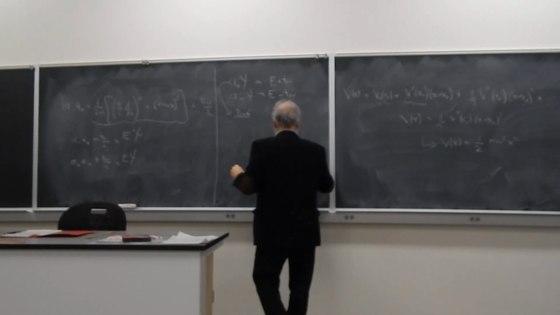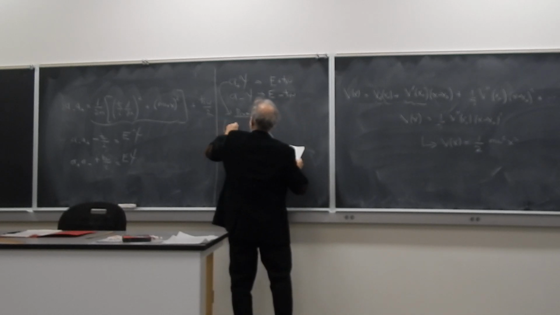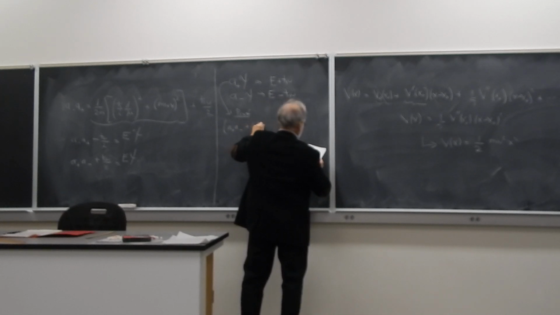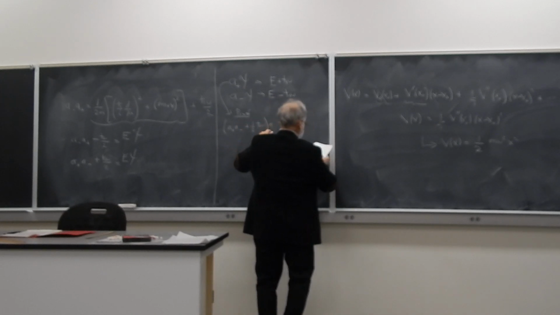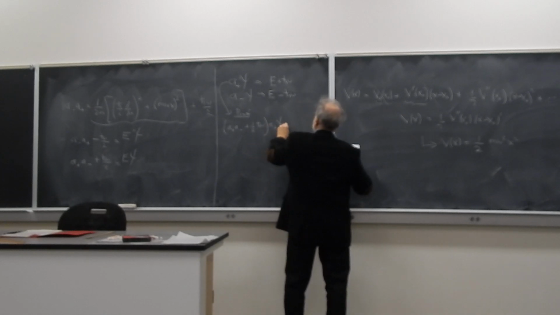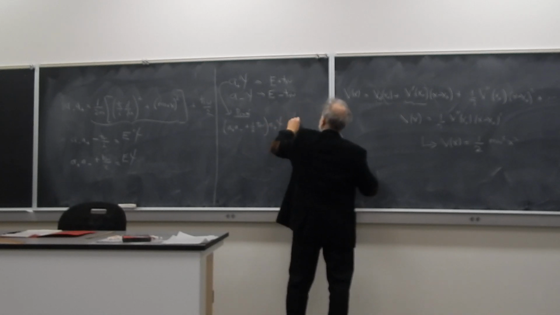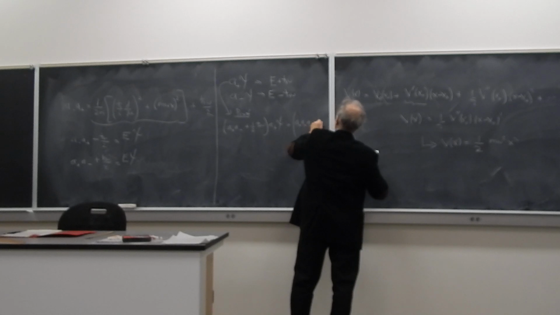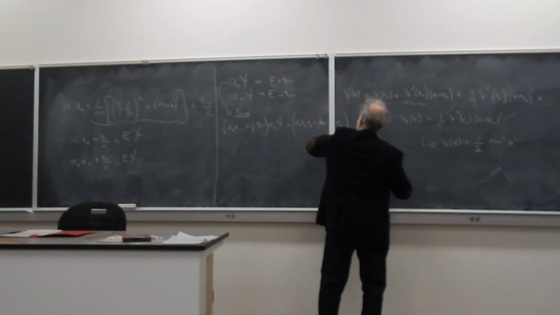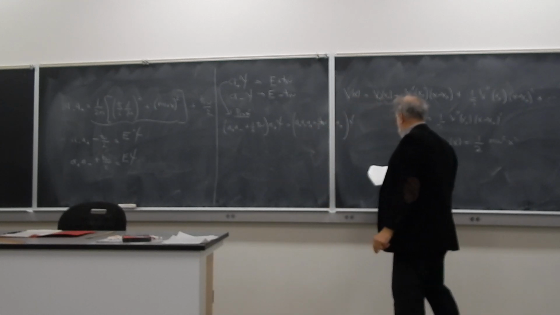Let's do that. A plus, A minus, plus 1/2 h bar omega, A plus psi is equal to A plus, A minus, A plus 1/2 h bar omega, A plus operating on psi.